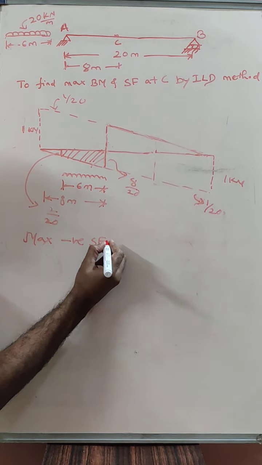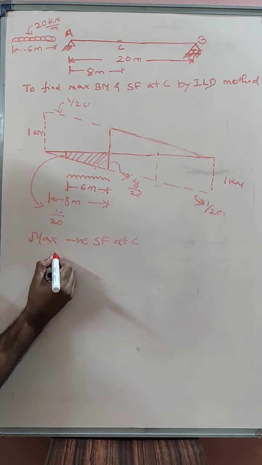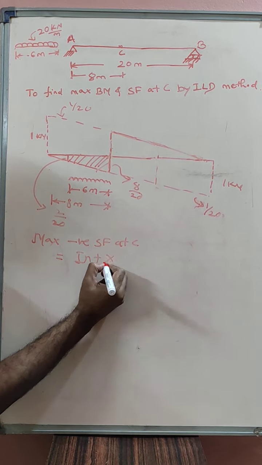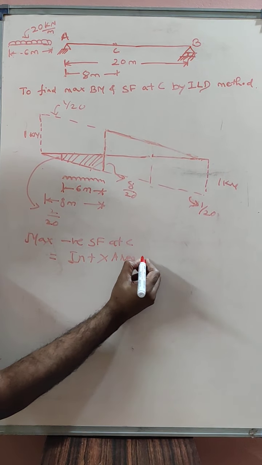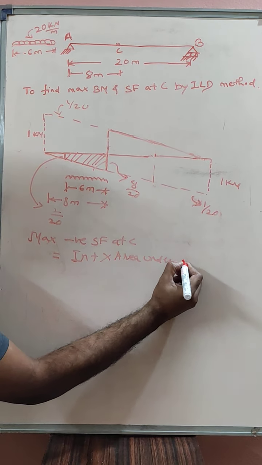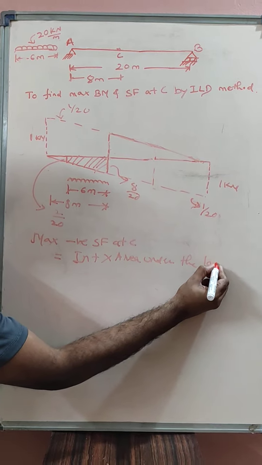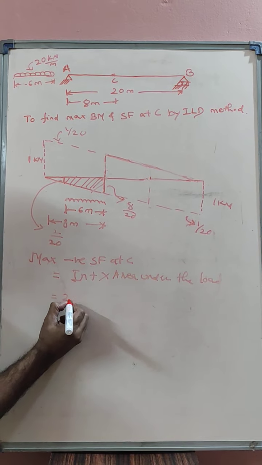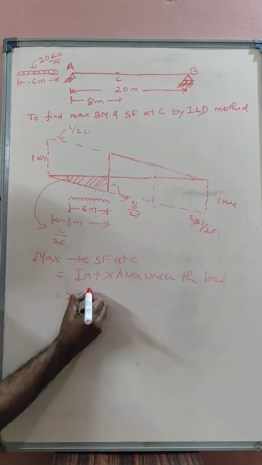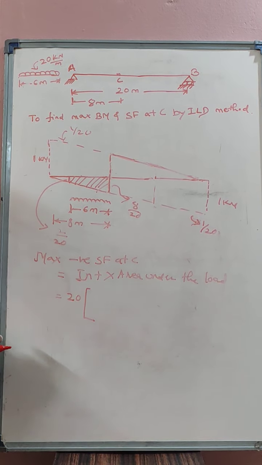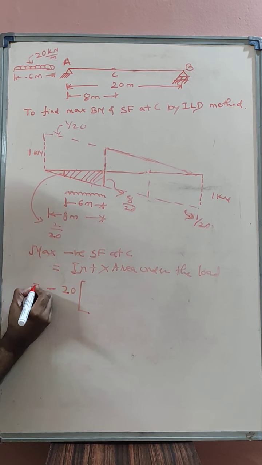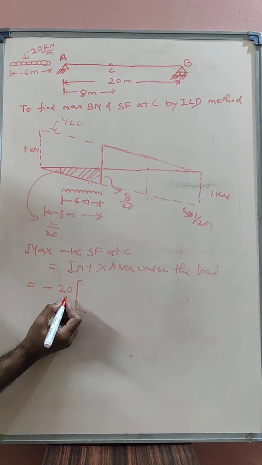negative shear force at C is equal to, again, what is the formula? Intensity into area under the load. The intensity remains the same, 20, because it is the intensity of the UDL. Of course this is negative. Area under the load, what is the area?